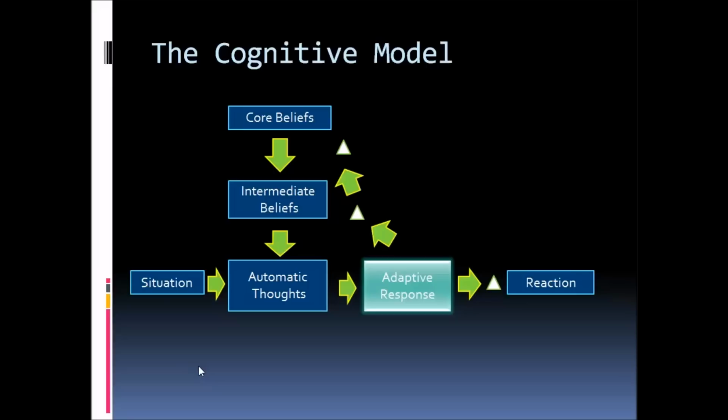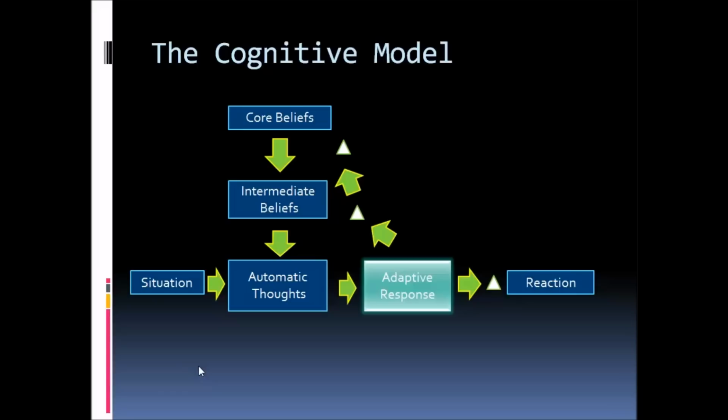It takes a little while to learn these techniques. It takes a little while to execute them effectively. There's likely going to be occasions where clients don't successfully apply the adaptive response or don't apply it in a way that appears useful. But there will also be occasions, likely, where they do.